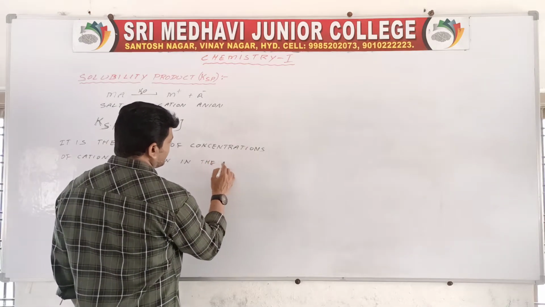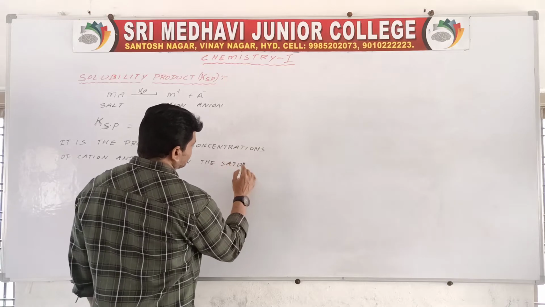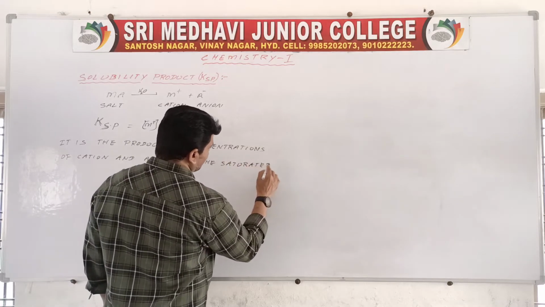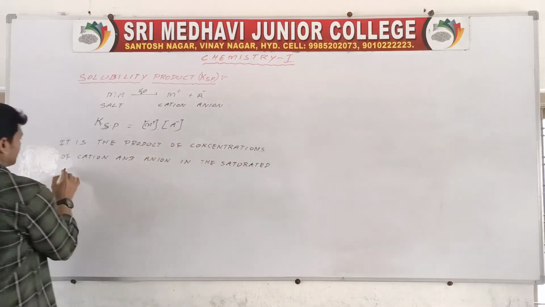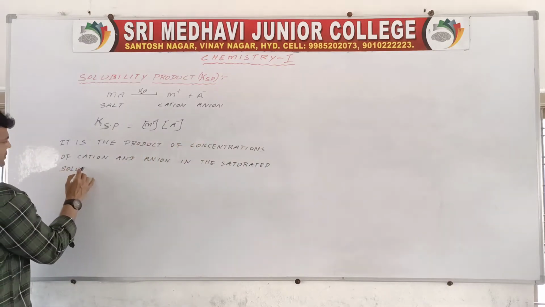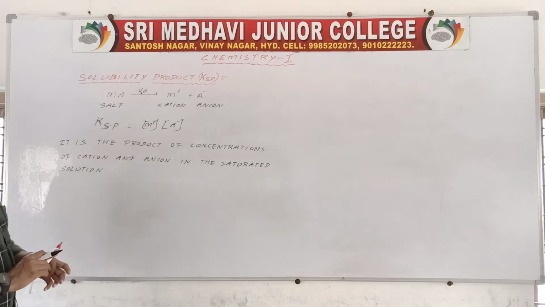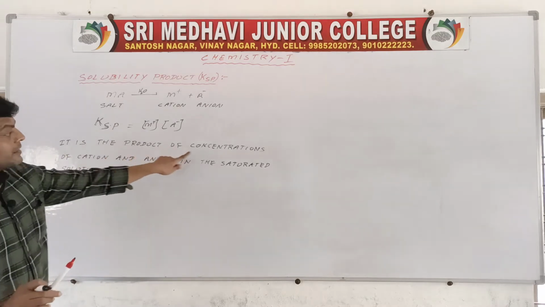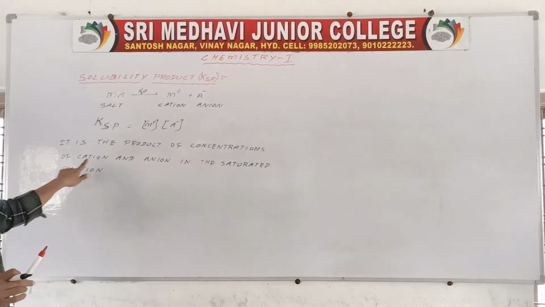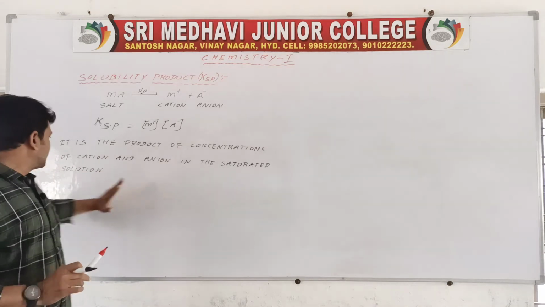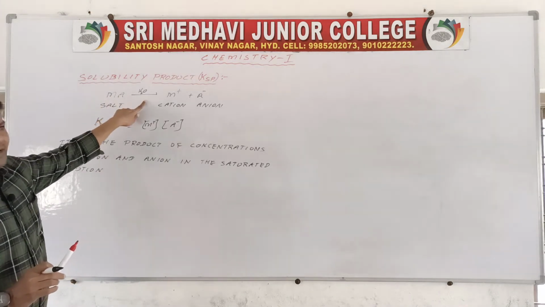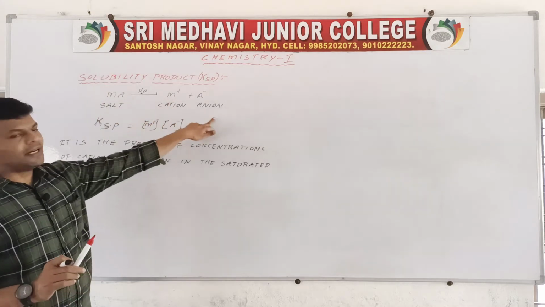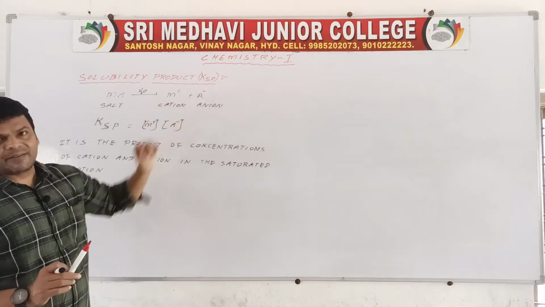Understand? If the salt is dissolved in water, it can be divided into cation and anion, one having a positive charge and the other a negative charge.